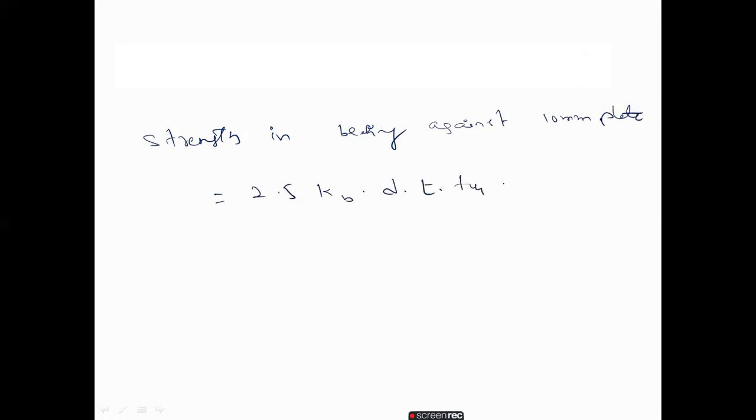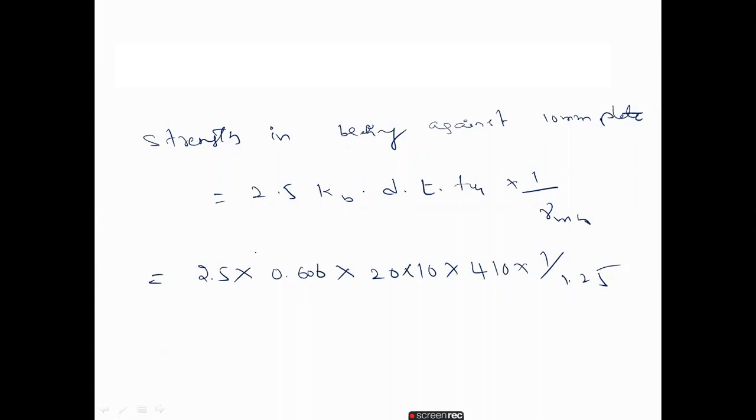Now the formula for the strength in bearing against the 10 mm plate is 2.5 kb into d into t into fu into 1 by gamma mb. Substituting, kb is 0.606, d is the bolt diameter 20, thickness of the plate is 10, and fu is 410 by 1.25, the partial safety factor.